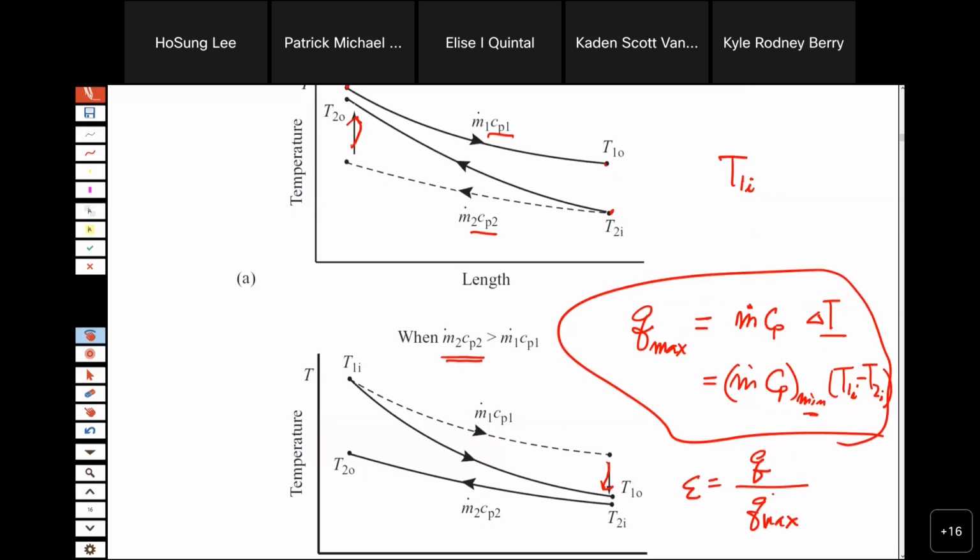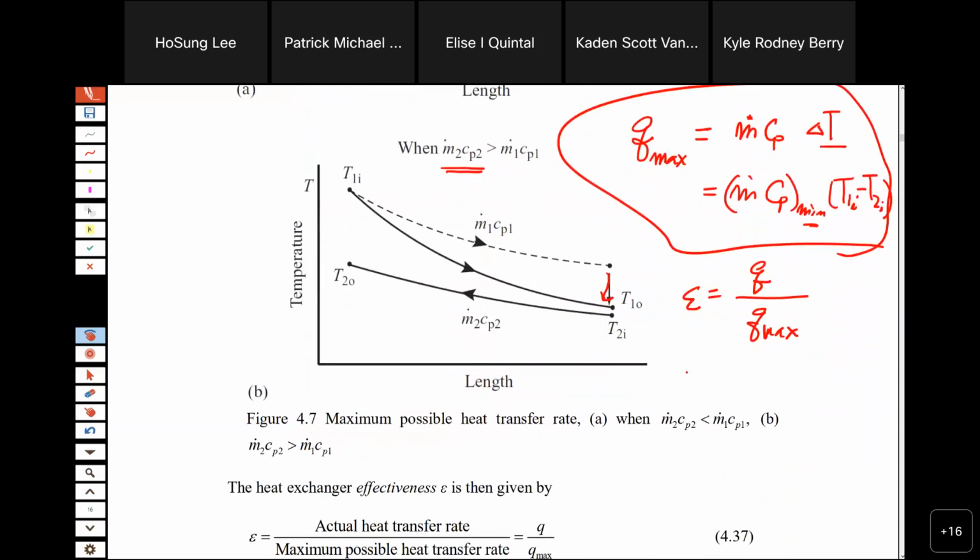That is effectiveness. Q max is m dot Cp, whichever is the minimum, times T1i minus T2i.